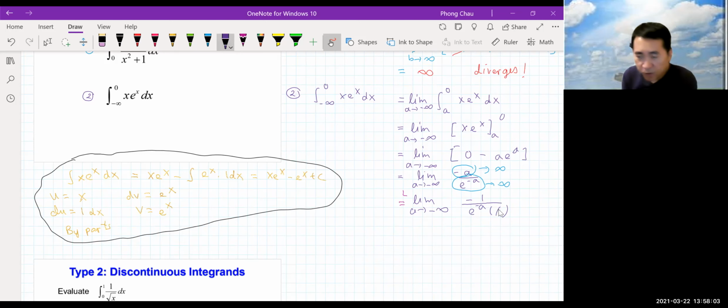I'm using L'Hopital's rule, so that's negative 1 over negative 1 times e to the negative a, and as a approaches infinity, this approaches infinity, so the denominator approaches infinity, and hence it is equal to 0.